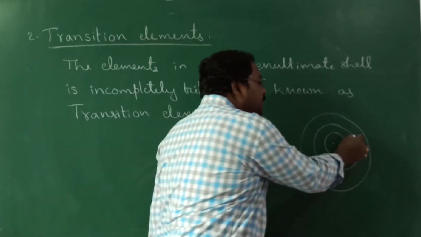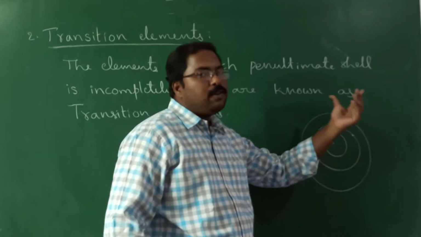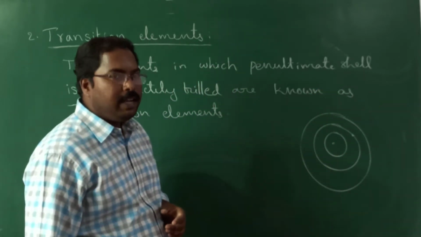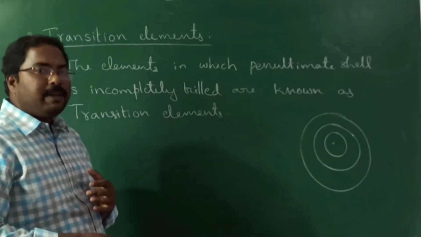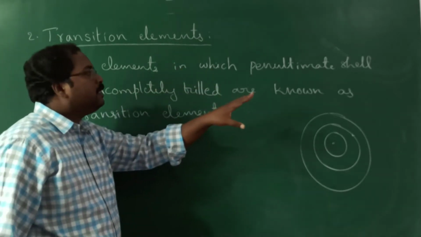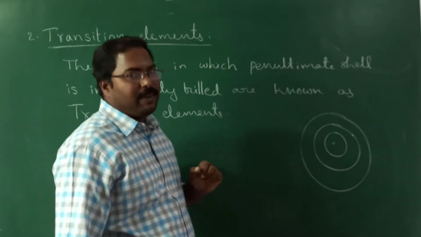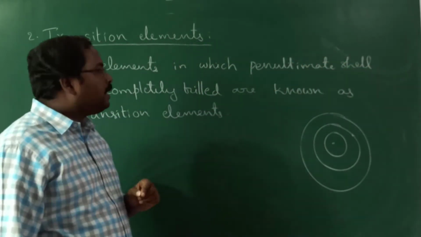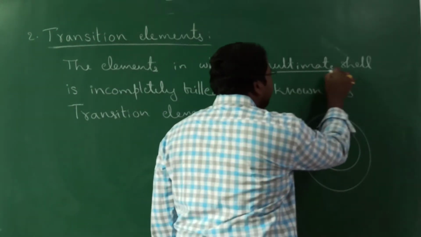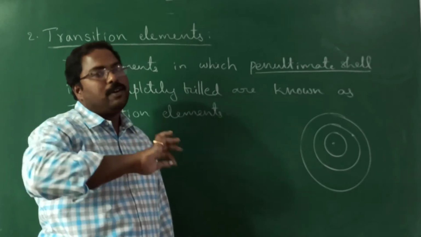When I am saying this is incompletely filled, automatically the outermost is also incompletely filled. Or if you have such a doubt, then you can write clearly the elements in which both the outermost and the penultimate shell are incompletely filled. But no need to write like that. When we are saying the penultimate shell is incompletely filled, automatically the ultimate is also not filled.